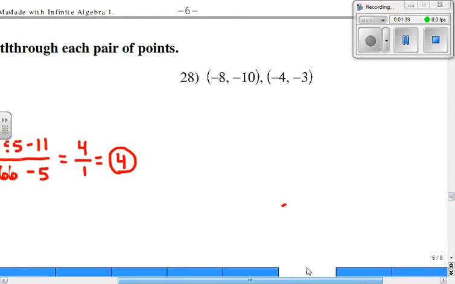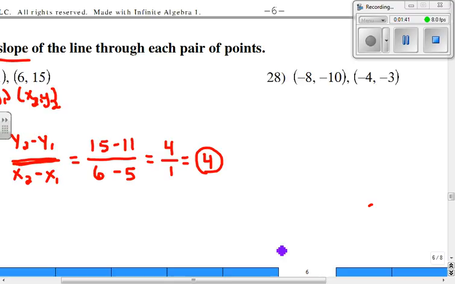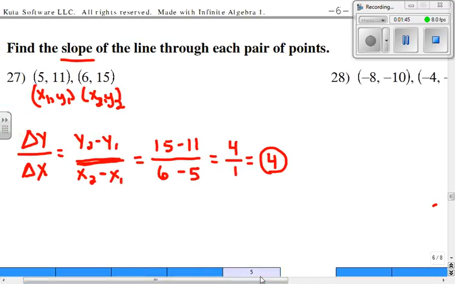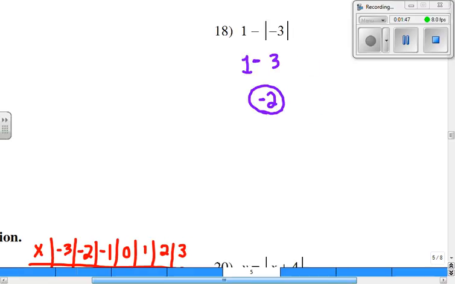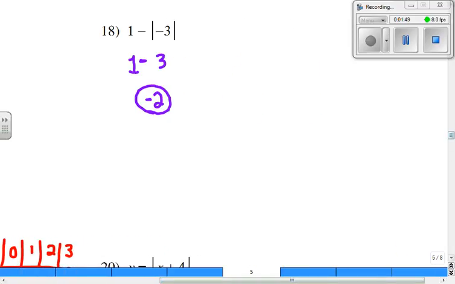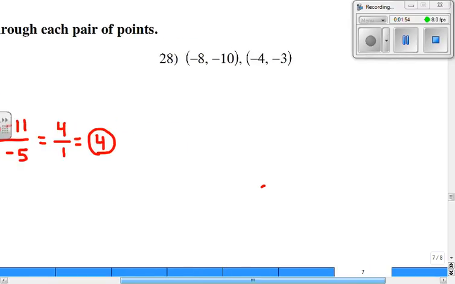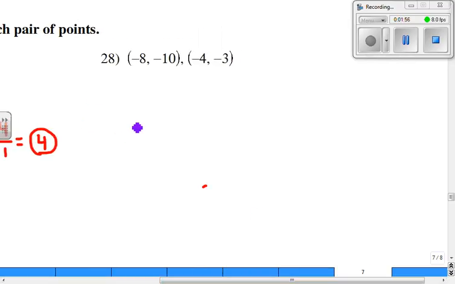For number 28, we're asked to find the slope of the line through each pair of points. So we know that slope is equal to rise over run, which is delta y over delta x.